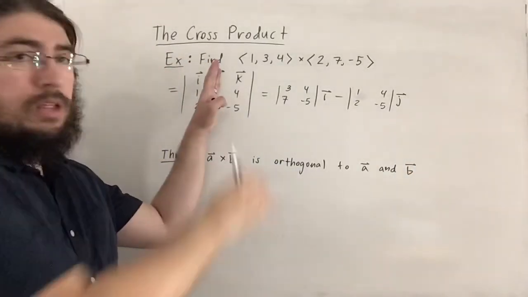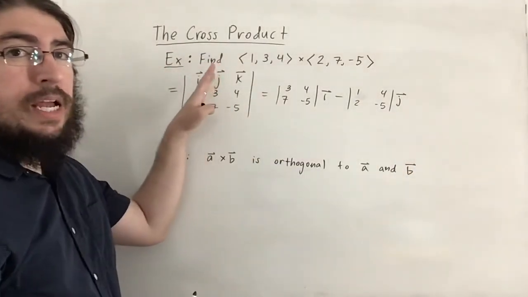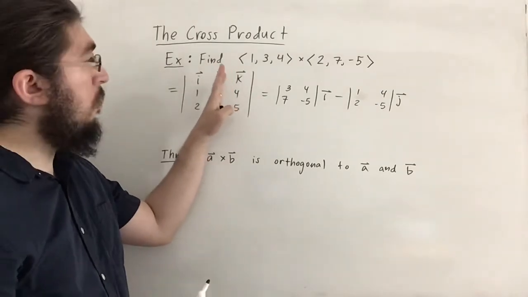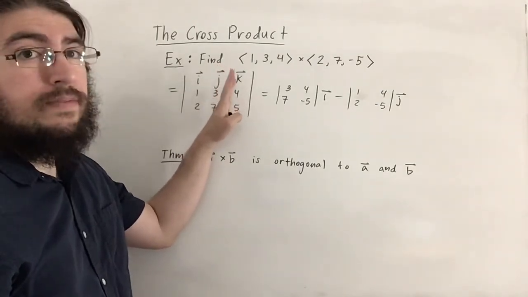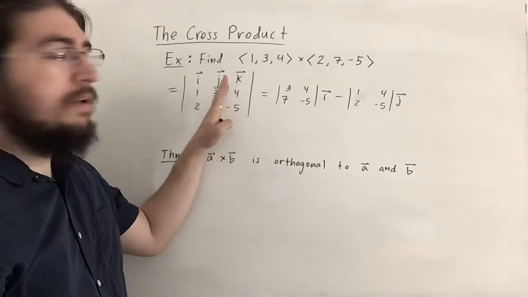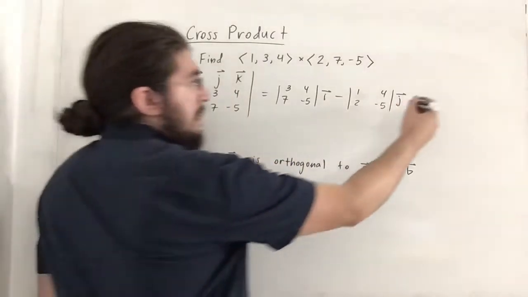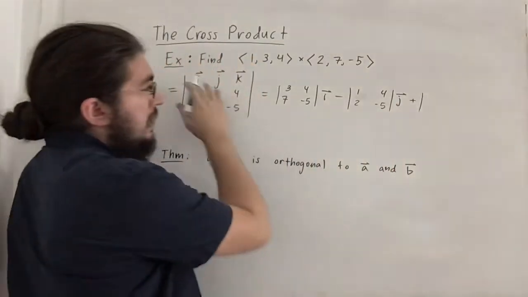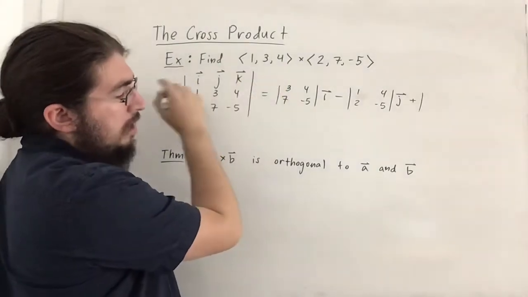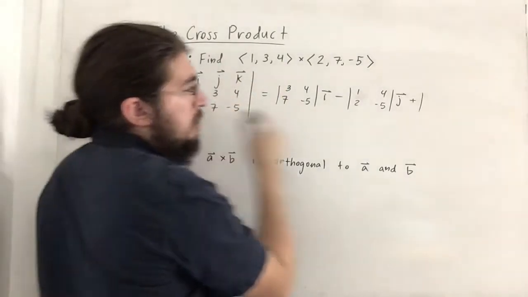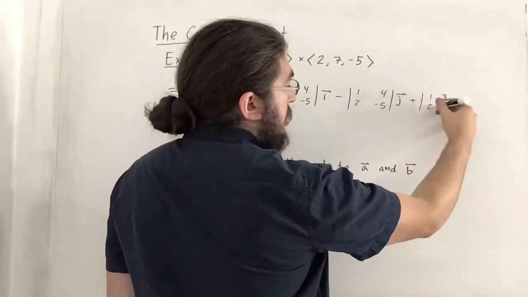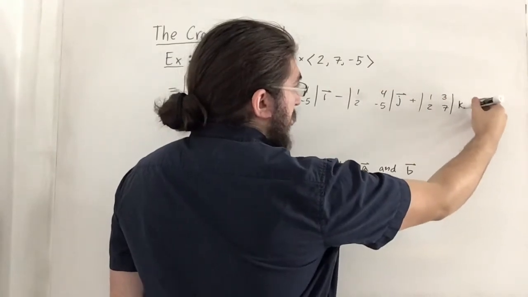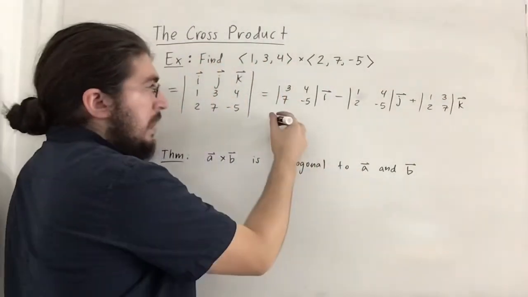You cover the column and row that contains J, and you're left with 1, 4, 2, negative 5. And then plus the determinant of the 2x2 when you cover the column and row that contain K, that's 1, 3, 2, 7 times the vector K.